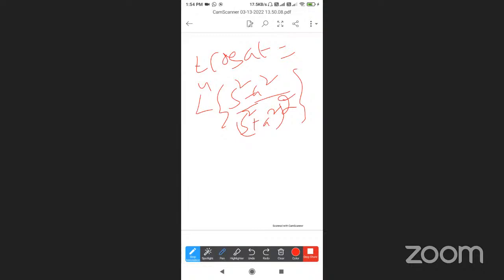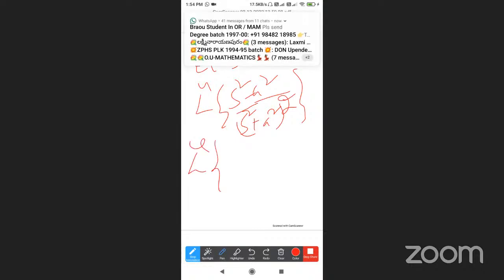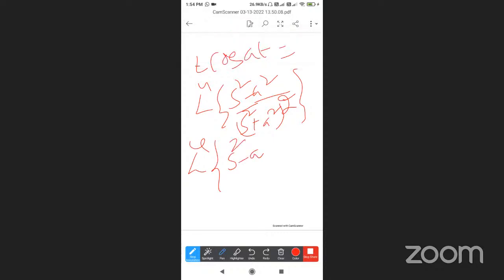Inverse Laplace transform of, adding and subtracting, s square plus a square minus 2a square by s square plus a square is a whole square.